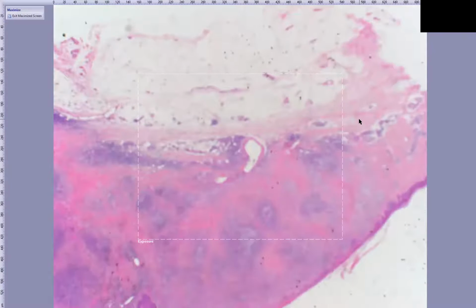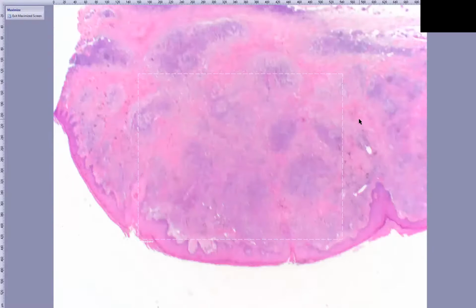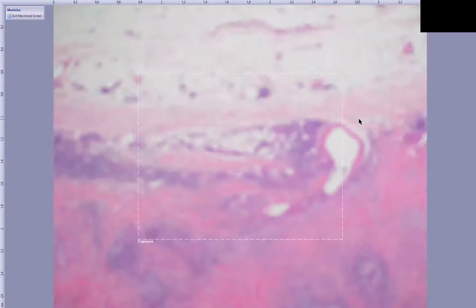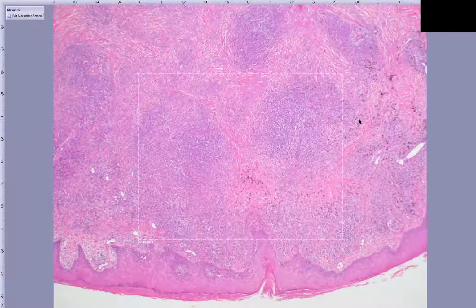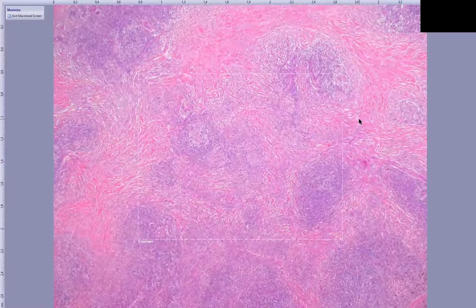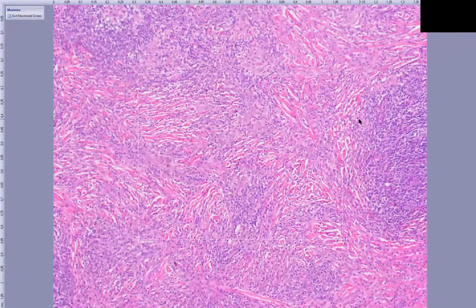Big excision specimen. And there's a dense, diffuse, and nodular infiltrate in the dermis. We go in higher power, and you can see there's a nodular infiltrate comprised of what looks like lymphocytes on low power, but there are also these zones of fibrosis.